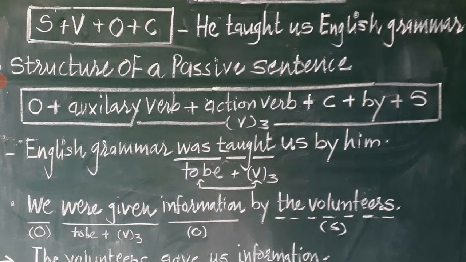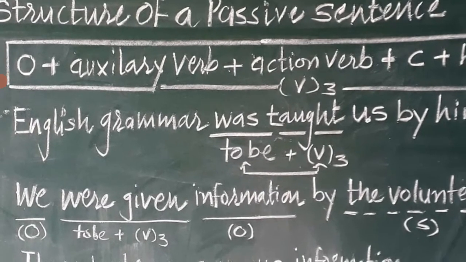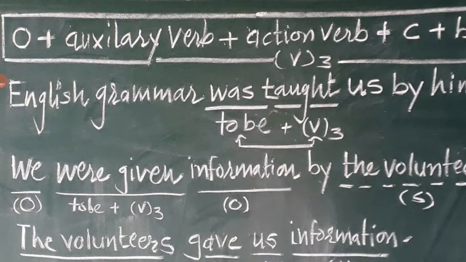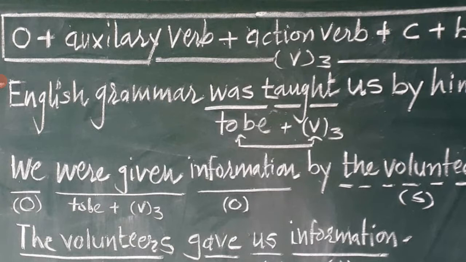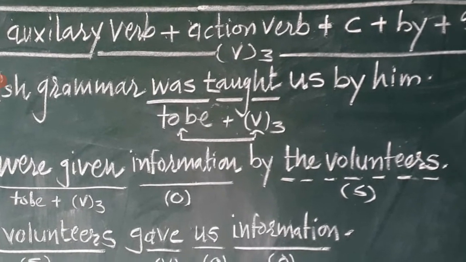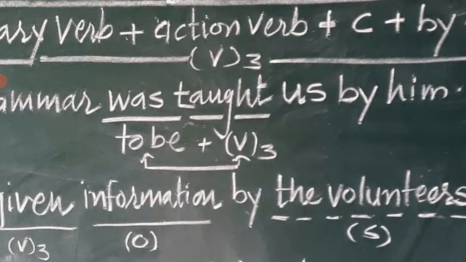The same sentence which we learned in the active one, he taught us English grammar, is now converted into a passive one. English grammar, and here the to be auxiliary was is chosen on the basis of its tense form as well as the number of this object, English grammar. So, was, later on teach, taught, taught. Please remember, this is not the second form, this is the third form.